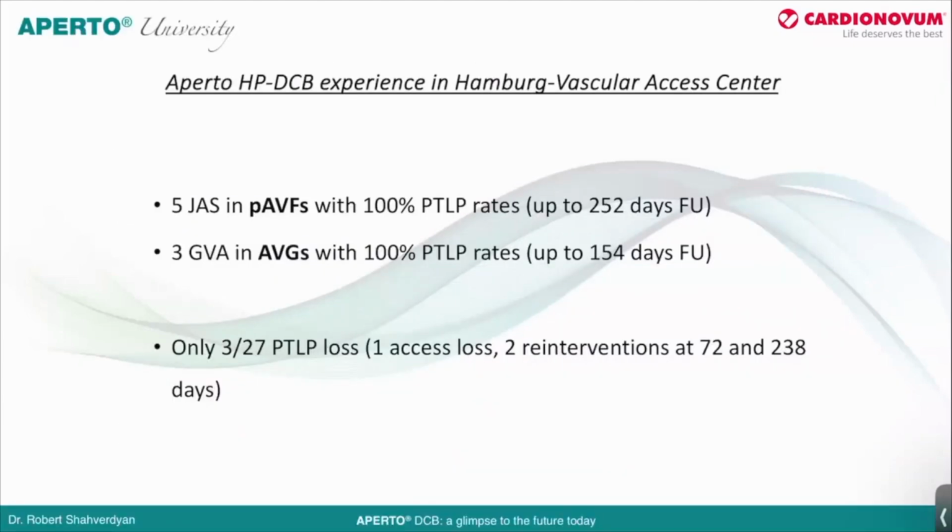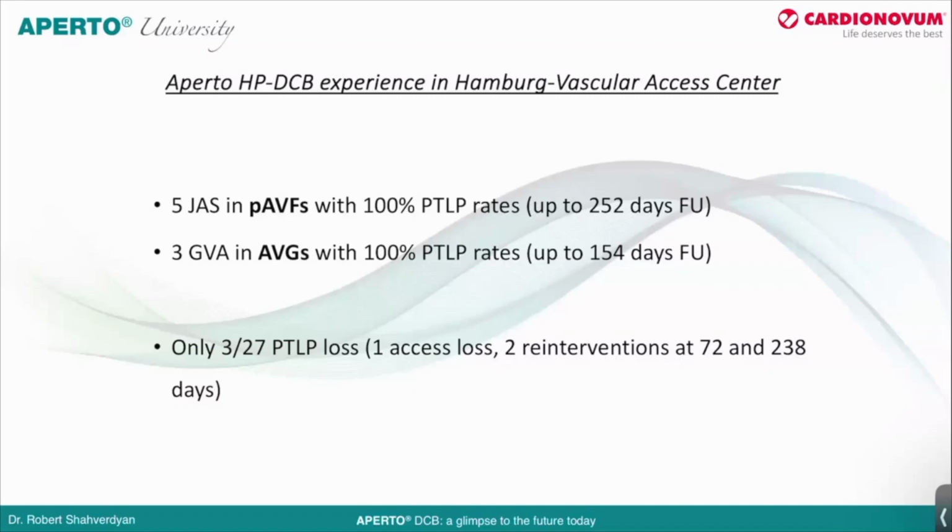And as Dr. Kitro mentioned about the publication on percutaneous AV fistulas and angioplasties, there are 5 of those patients that we treated with an Aperta balloon who had juxta-anastomotic stenosis in a percutaneous AV fistula, in an Ellipsys fistula. And as you can see, up to 252 days, all of them had a 100% primary target lesion patency rate. Also, those 3 patients with graft venous anastomosis stenosis had also 100% primary target lesion patency rates up to 154 days, so half a year.